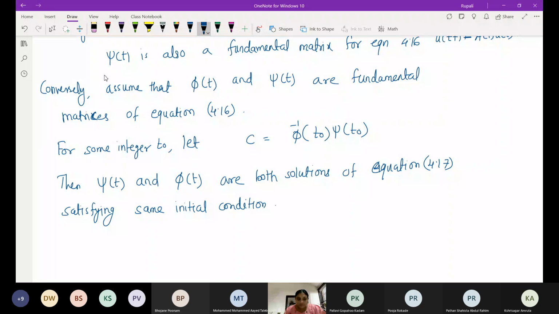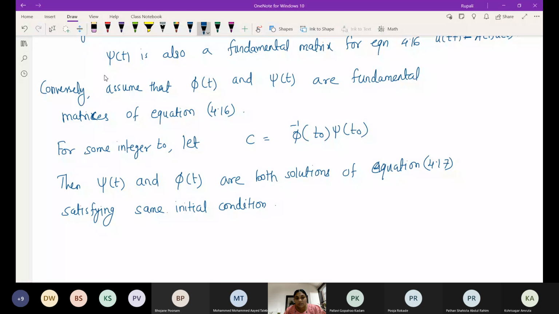What we are assuming here, phi t and psi t are fundamental matrices. Fundamental matrices means their determinants are non-zero and they are solutions of 4.17. So psi t and phi t both are solutions of equation 4.17, and they satisfy the same initial condition.